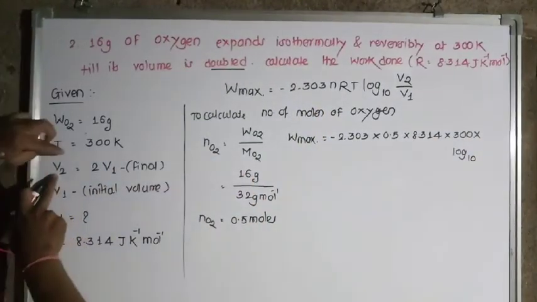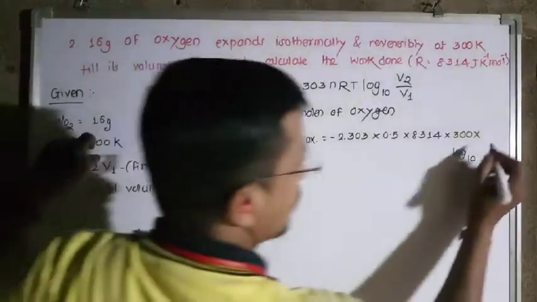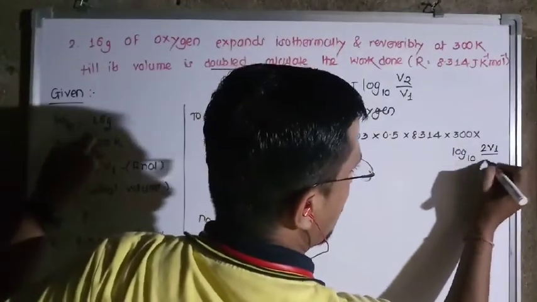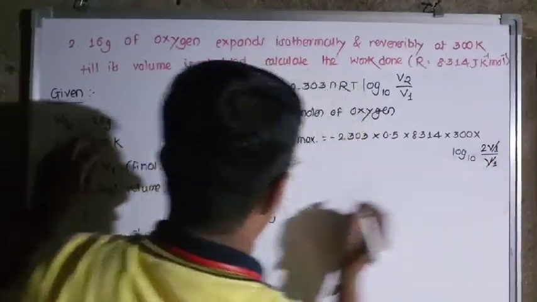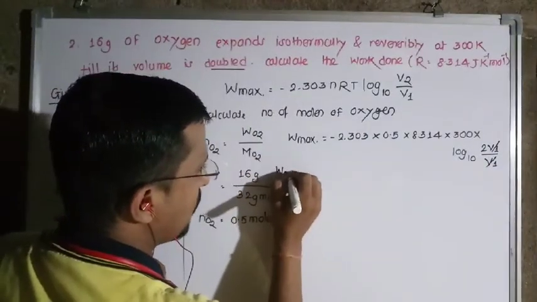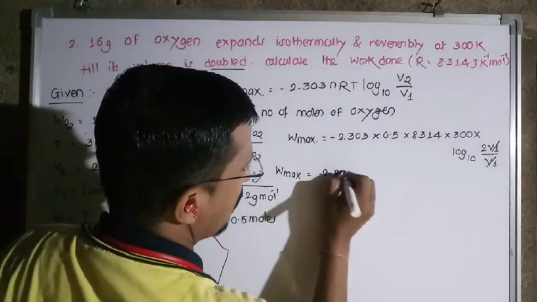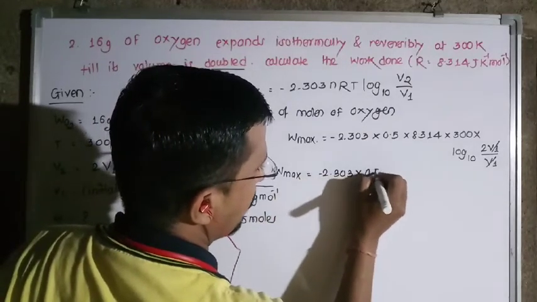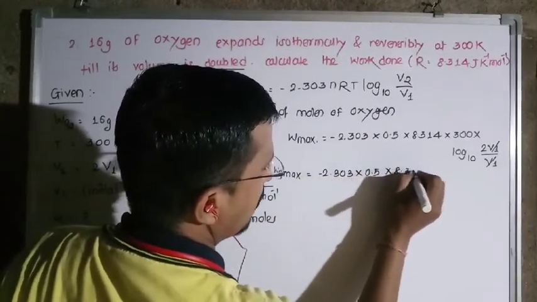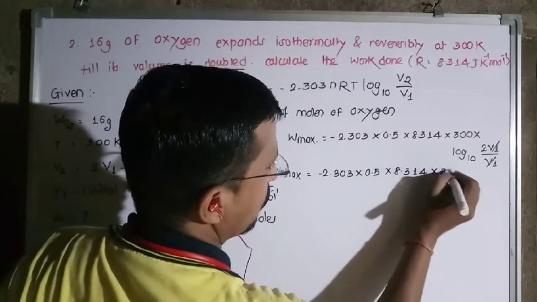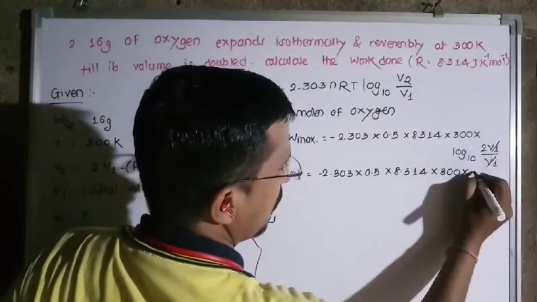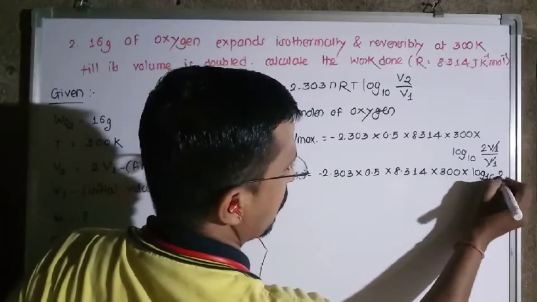Instead of V2 put twice V1, so twice V1 divided by V1. V1 cancels, and W max is equal to minus 2.303 into 0.5 into 8.314 into 300 multiplied by log to the base 10 of 2.